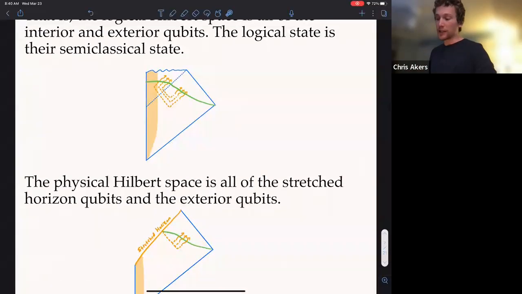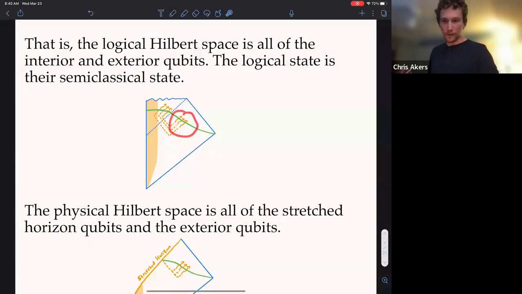Yes, right. You would get the semiclassical answer here. In the semiclassical description, it looks like these are completely different tensor factors, which we know not to be true in the full physical description.